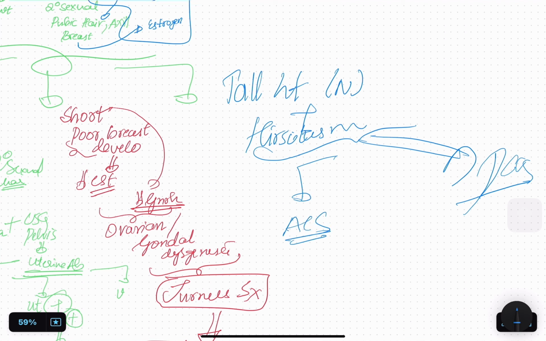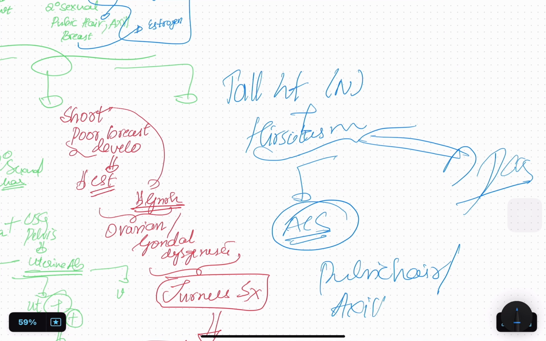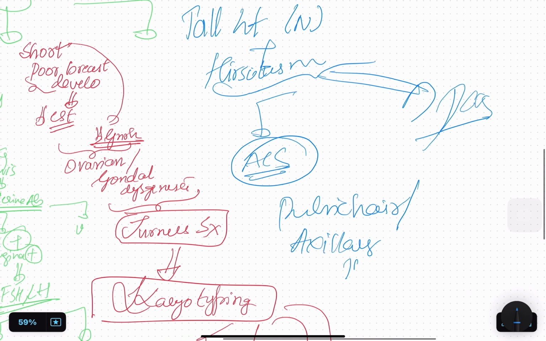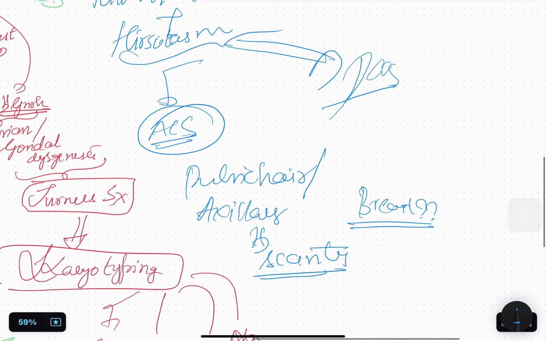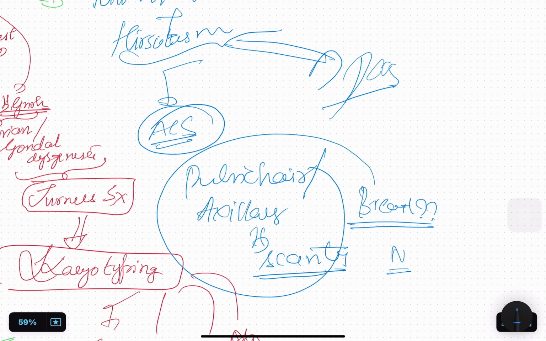That means here, if you see in general physical examination, what will be less? Pubic hair or axillary hair will be scanty, but breast development, what do you think? It will be almost normal. Okay, so this is how you diagnose. Here it's either AIS or PCOS.